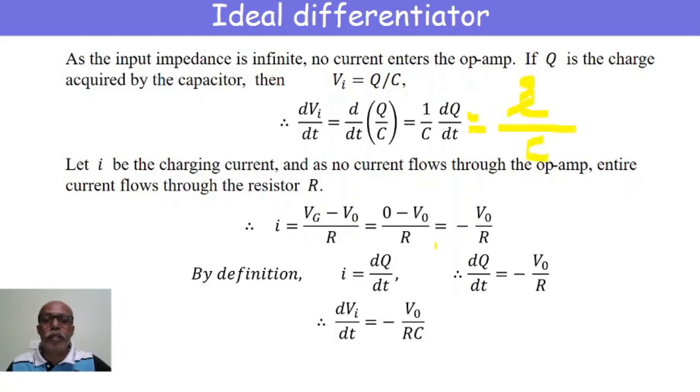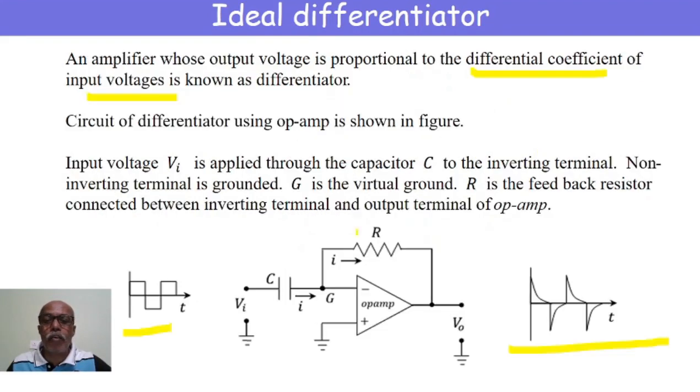Now, the current flowing through the resistor R is I equals Vg minus V0 divided by R, the difference in potentials across the two junctions divided by the effective resistance.